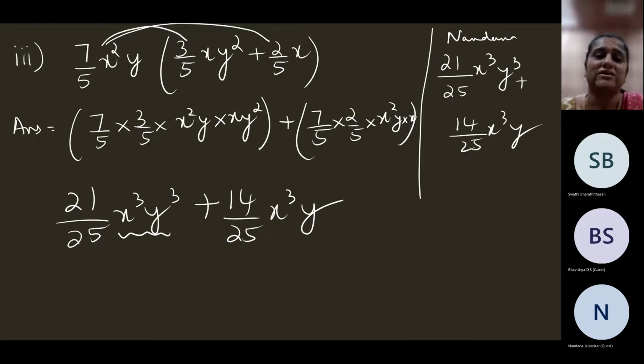Numbers can be anything. The letters in the terms decide. What are the literal factors here? x cubed y cubed, and x cubed y. They are unlike terms, so they cannot be added or subtracted. So as Nandana said, this is the final answer.